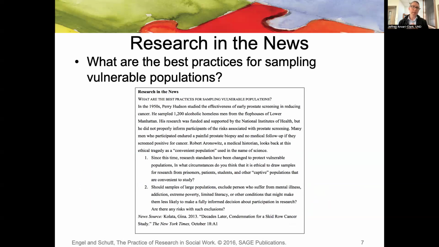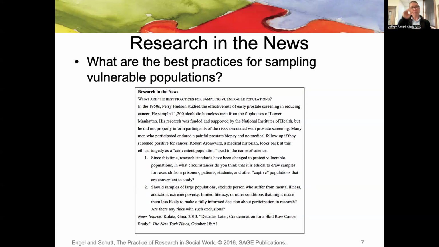Now, there are different ways of going about this. Especially when we sample vulnerable populations, there are a lot of ethical issues that are a part of this. And a lot of those ethical issues came out because people did things that were not ethical.